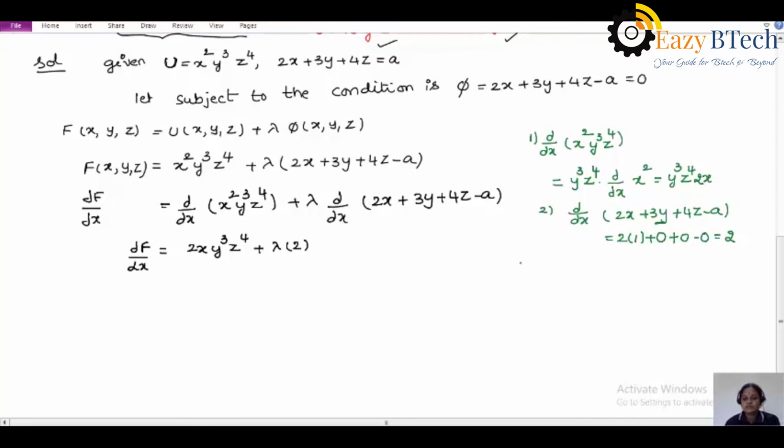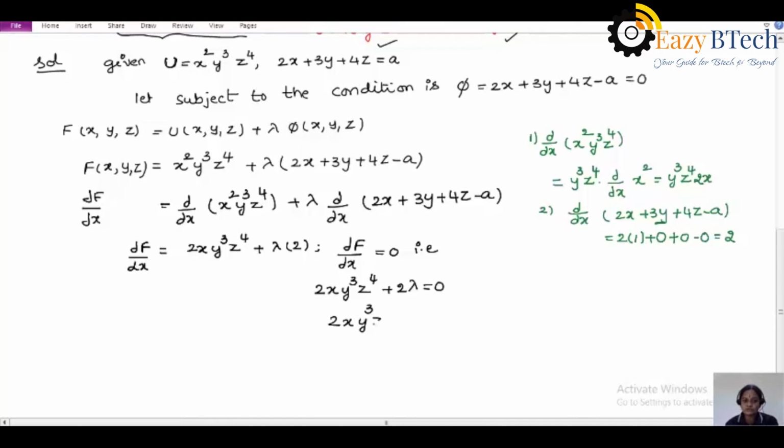So now ∂f/∂x is equal to 0. That condition is 2x y cubed z power 4 + 2λ = 0.